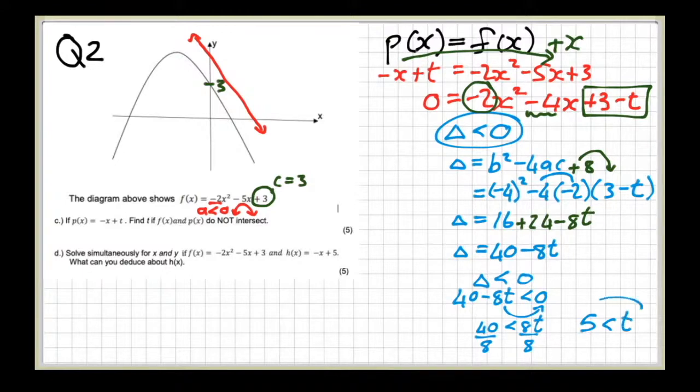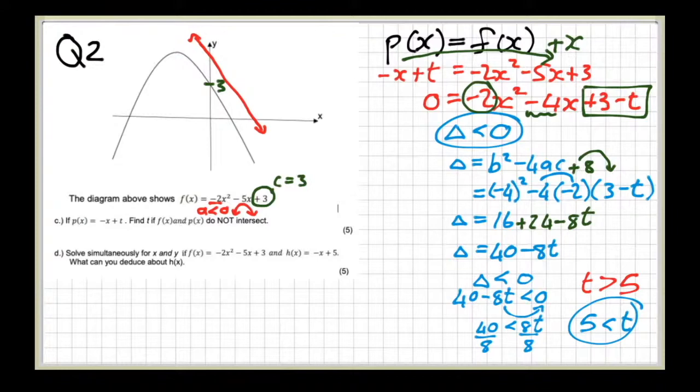So in other words, if I just write it in nice format, for t larger than 5, there will be no solutions for the intersection. So there won't be an intersection. The moment that my y-intercept of p of x, that t value, is anything above 5, then there won't be solutions.